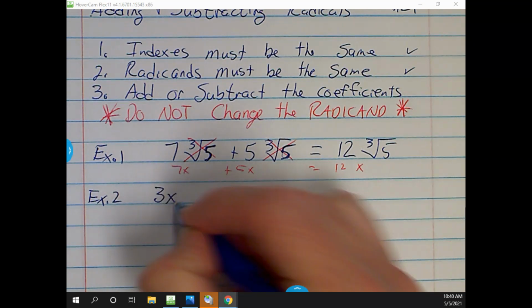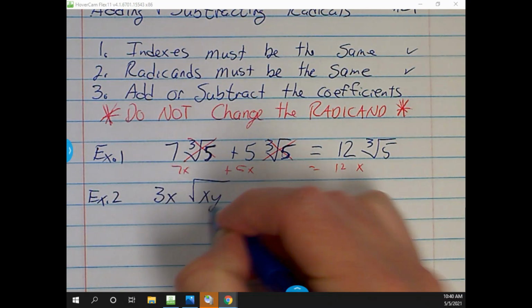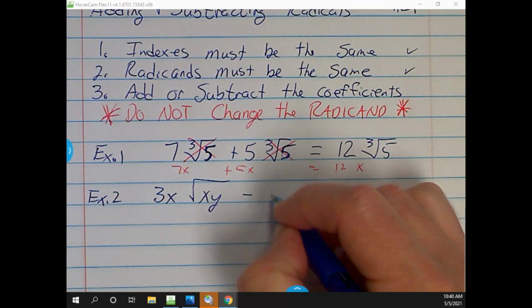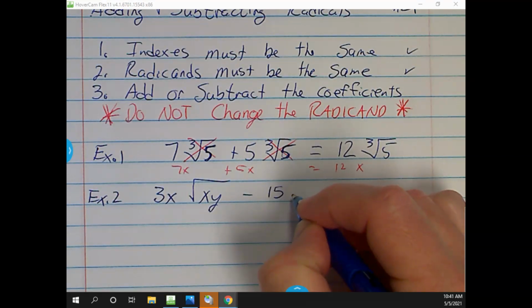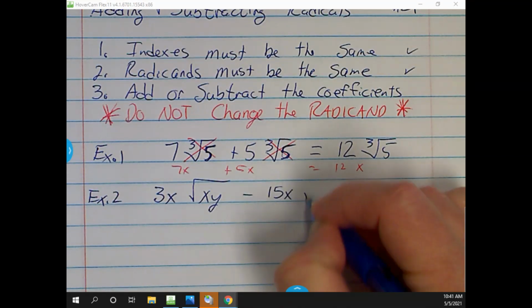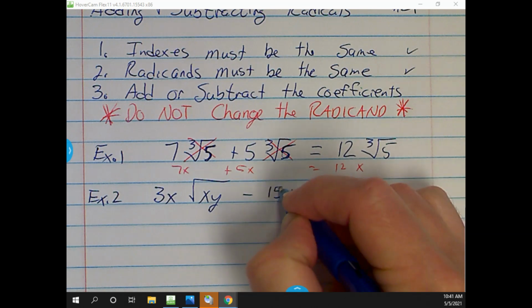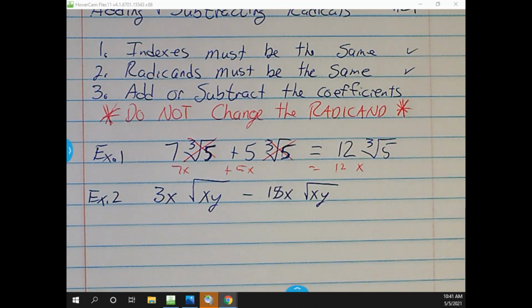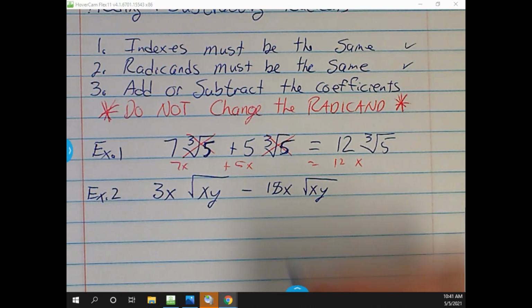We may have like 3x times the square root of xy minus 18x times the square root of xy.